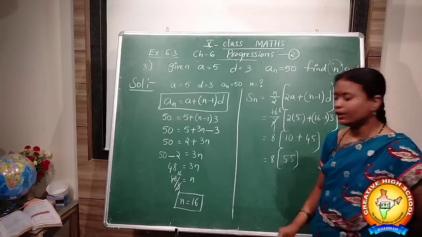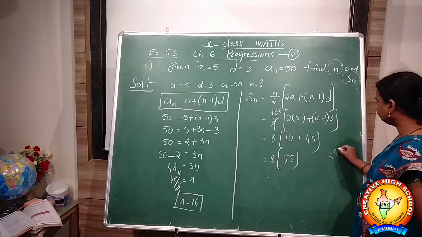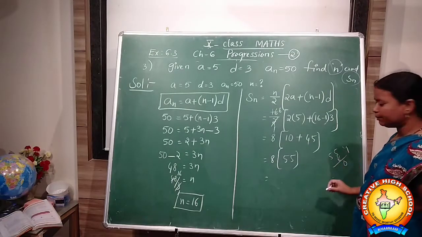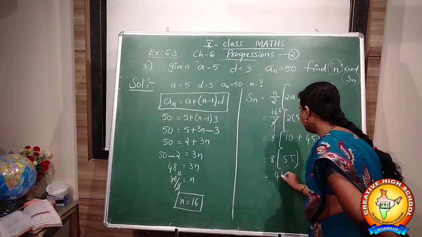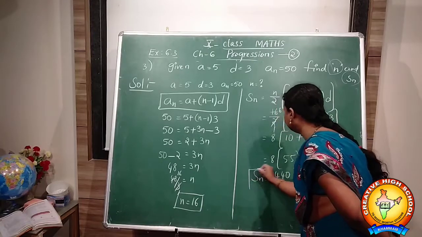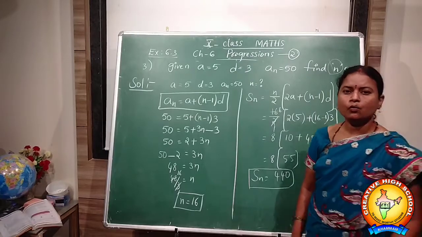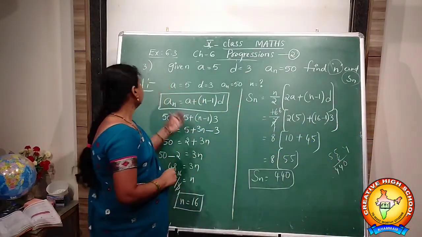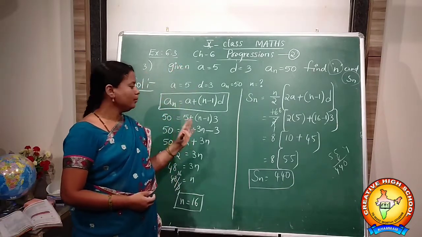So 55 eights are how much? 8 fives are 40, 8 fives are 40 plus 4, 44. So it will become 440. So the Sn is equal to 440.